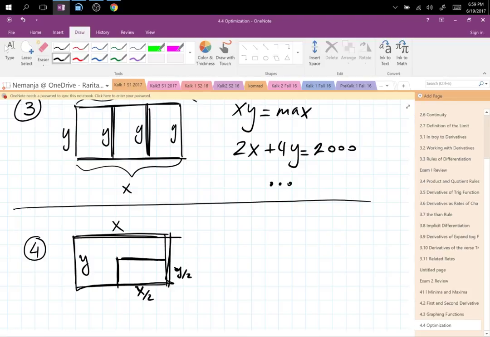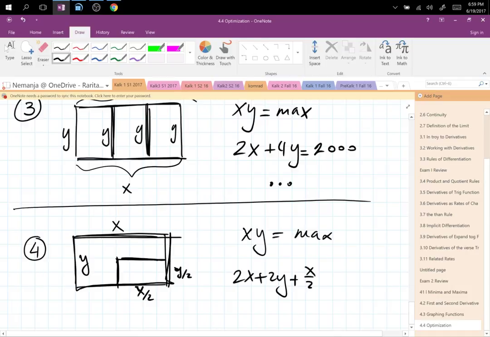You can have 4 bins. So there are ways to work with this. So over here, the equation would be still xy equals the max, but then your perimeter is 2x plus 2y plus x over 2 plus y over 2 equals 2000.